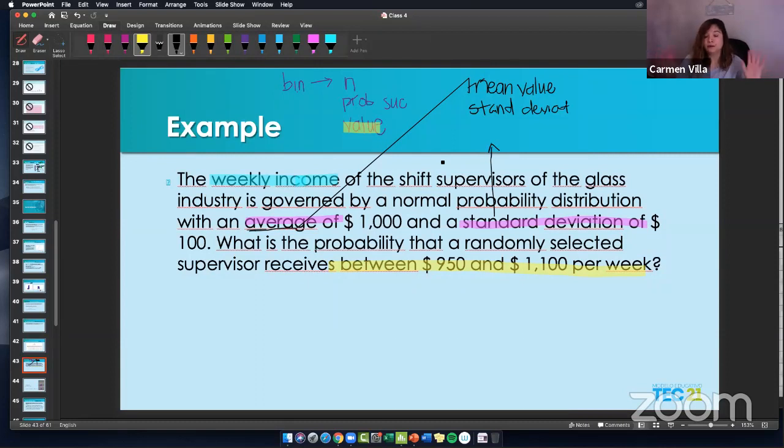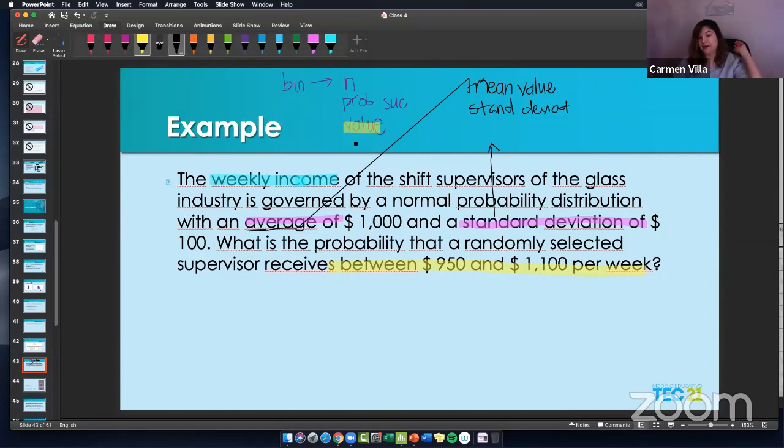So, questions so far? Are we able to identify the difference between a binomial probability distribution versus a normal probability distribution? Are they clear? Binomial is only when it's success or failure, right? Success, failure, and it's discrete.